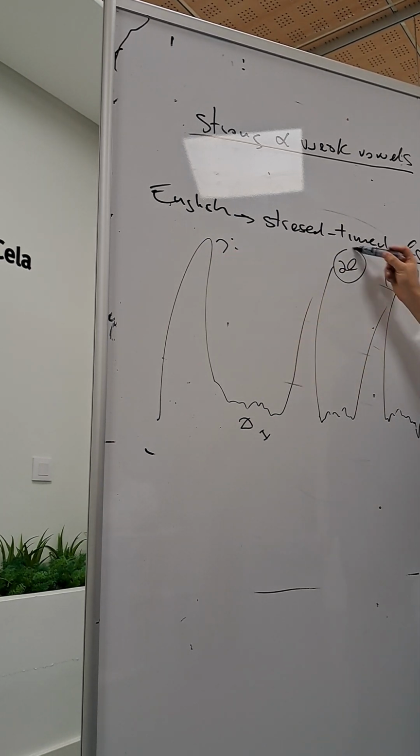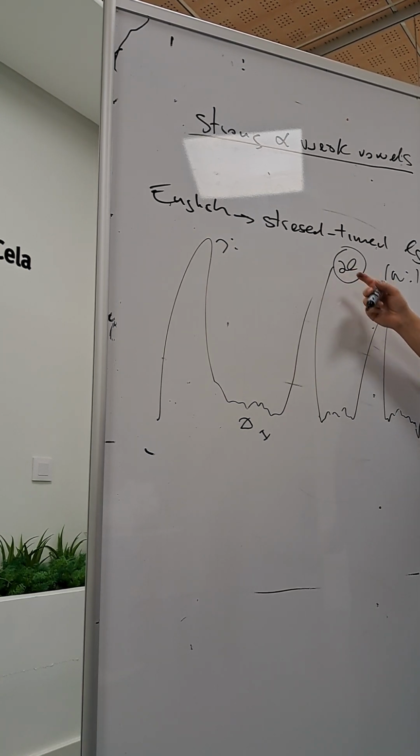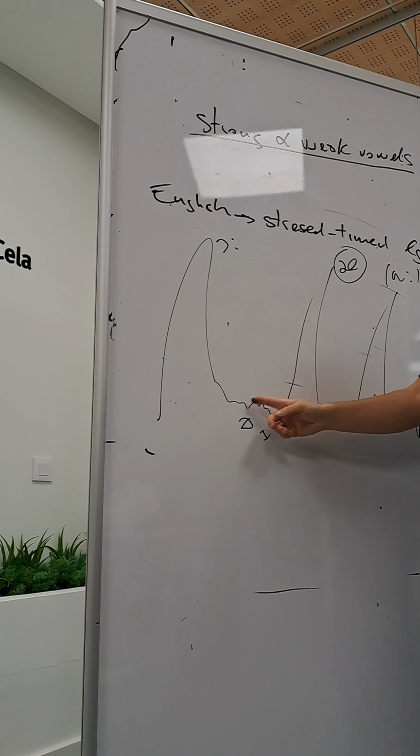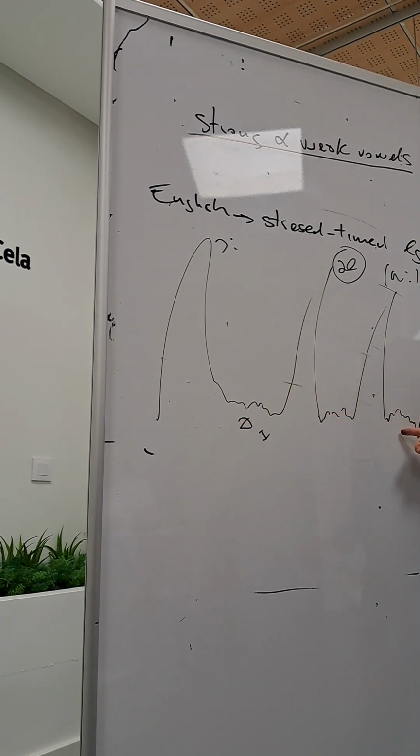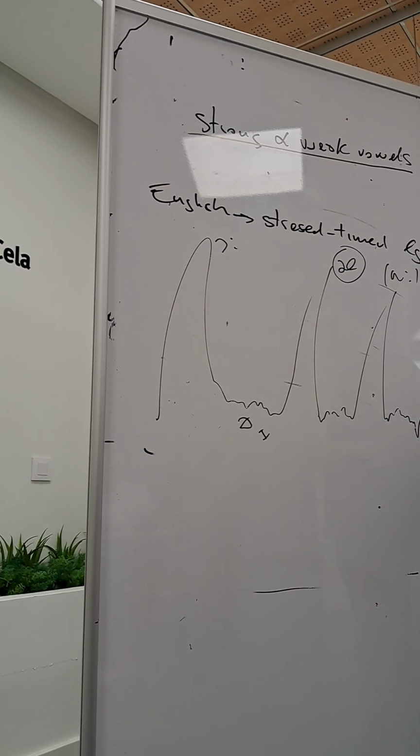But for example, this one is not a long vowel in length, and it can also be stressed. And typically, what words are not stressed in English? Function words. In other words, little words. Those are prepositions, articles, pronouns.